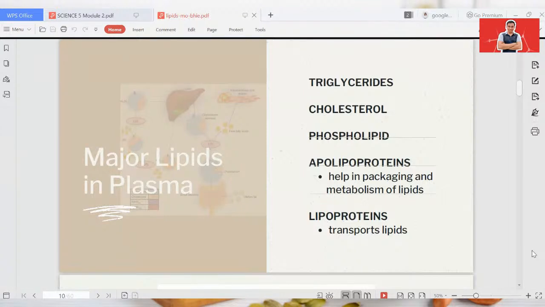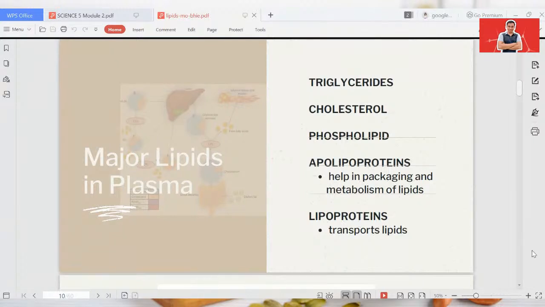Kaya meron tayong mga cis and trans fatty acids natin which merong may bend, merong straight lang, and maka-affect yun siya sa properties ng triglyceride lalo na sa kanyang physical properties. And yung triglycerides are classified as neutral fat because it has no charge groups or polar hydrophilic groups, which makes it very hydrophobic and insoluble in water.